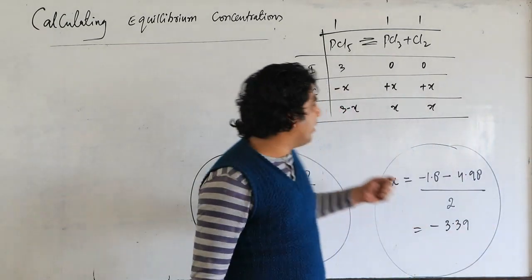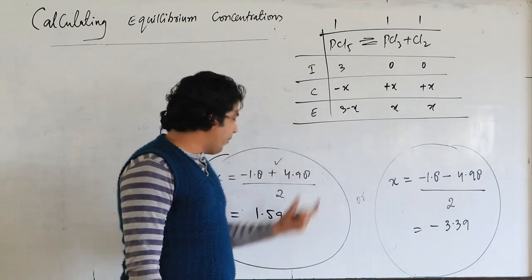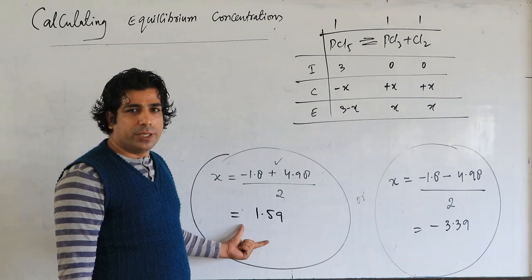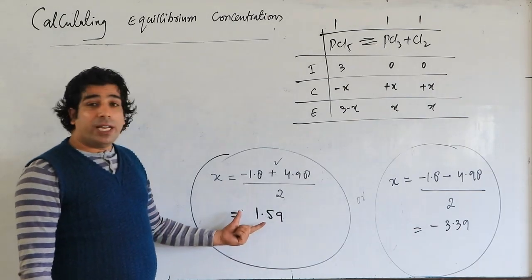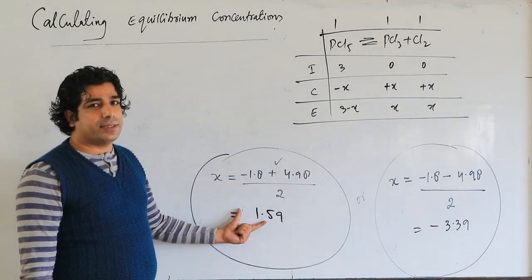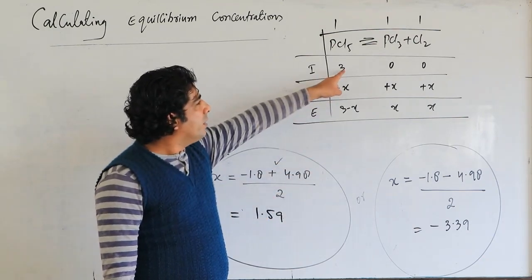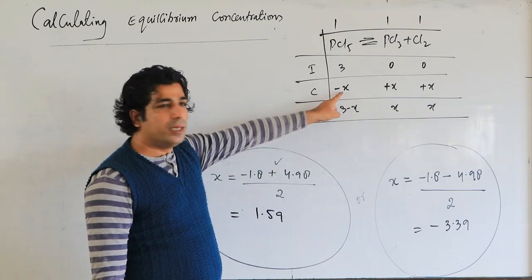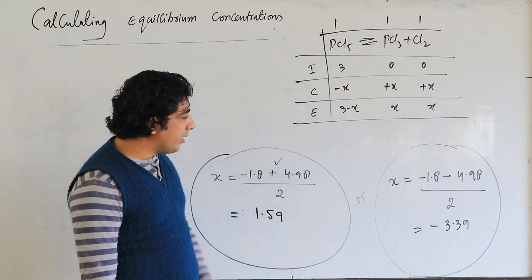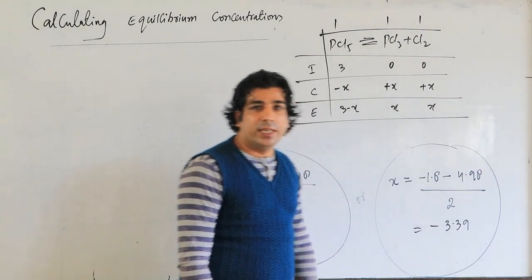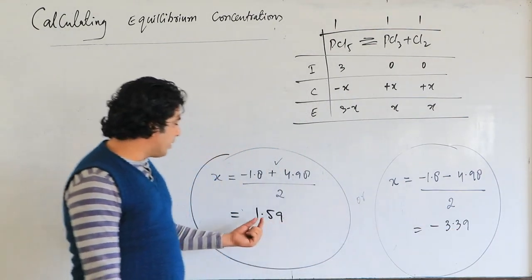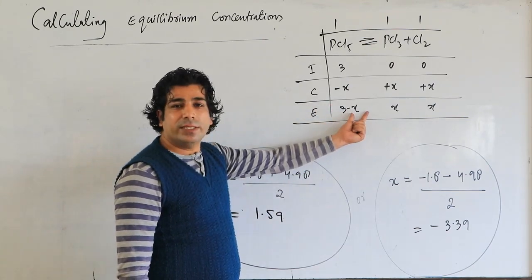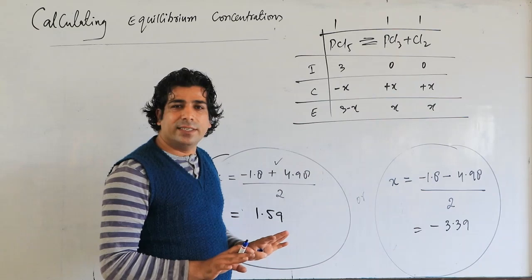So when we look at the equilibrium concentration right out here, I have gotten the two values of x through the quadratic equation. Now according to you, which value is the perfect value for x? Have a look here. 3 is the initial concentration, C means change in concentration, is x. So whether this x has to be 1.59 or it has to be minus 3.39. Remember, my dear friends, if you put this value 1.59 here at this point, that means 1.59 is less than 3.